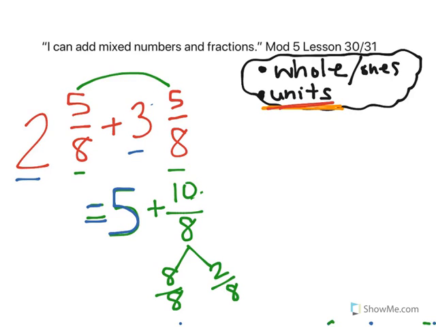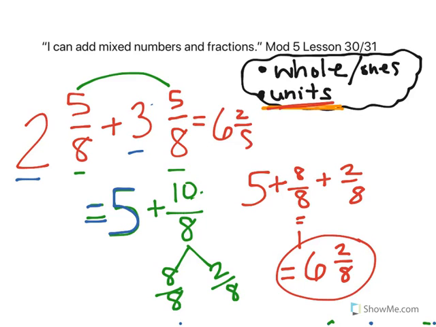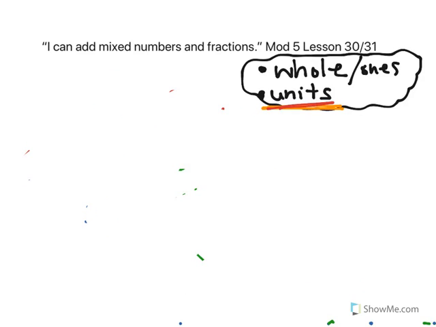So now I can add all of this together. 5 plus 8/8, which is equal to 1, plus 2/8. So that would equal 5 plus 1 is 6, plus 2/8. I'm going to add my 2/8 there. So 6 and 2/8.